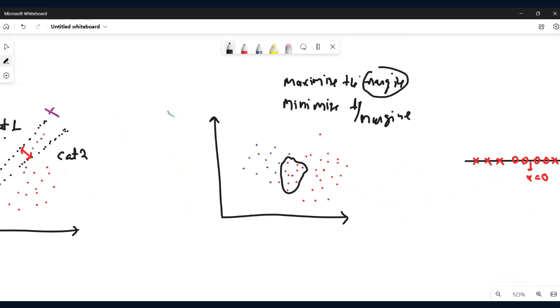Maximization of this is equal to minimization of 1 divided by margin. For this case, let us consider a loss factor here.